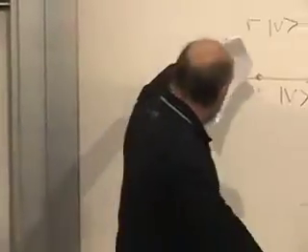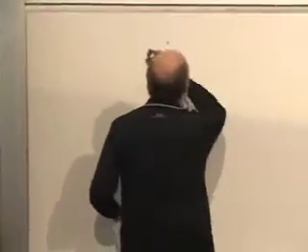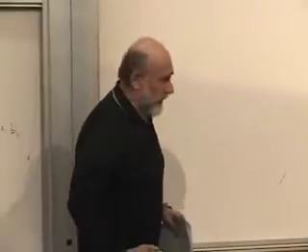Now, let's go to a two-dimensional vector space. A two-dimensional vector space, and I'm thinking now about real vectors just so we can draw it on the blackboard. The blackboard is a two-dimensional vector space.